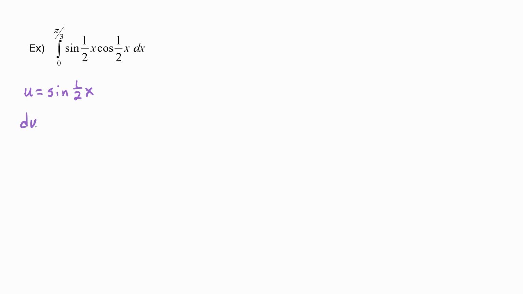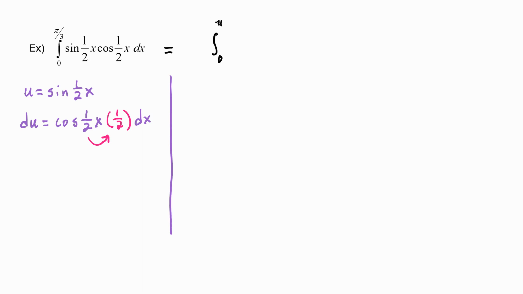So du is going to be cosine of 1/2 x, and then don't forget we've got the chain rule, so we take times 1/2, and then dx. So let's set up our integral in terms of the x variable. We are integrating from 0 to pi over 3.